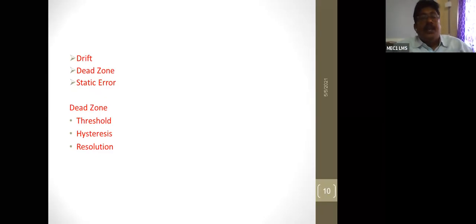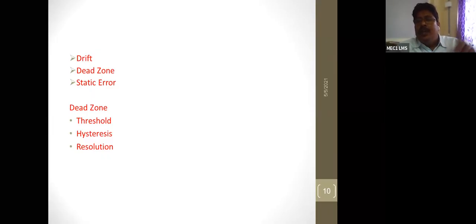What is a dead zone? Even if you give input, there is no response in that particular instrument. That means we cannot get the output for some particular period of time. For an instrument or equipment, if you give input and there is no output, we can call it a dead zone.